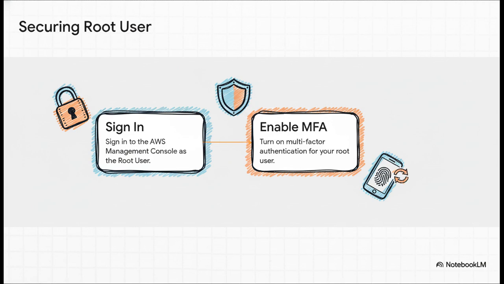First, you're going to sign in one last time with that super powerful root user, just for this setup. Then, and listen up, because this part is absolutely non-negotiable, you are going to turn on multi-factor authentication, MFA. This is that extra layer of security that makes all the difference. Even if a bad guy somehow steals your password, they still can't get in without your phone or your authenticator app. You have to do this.